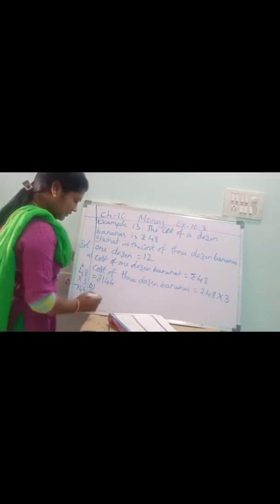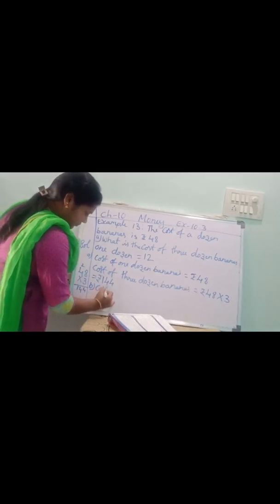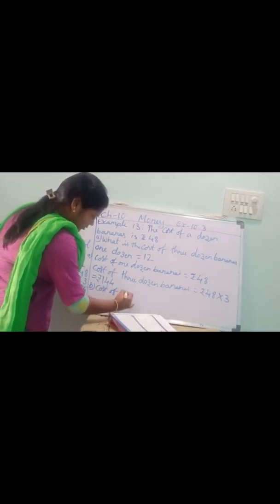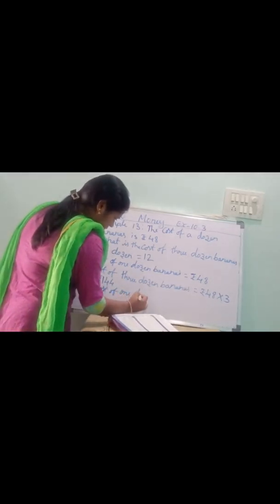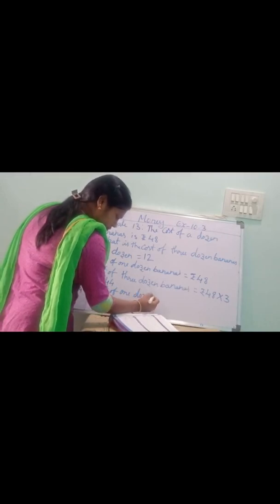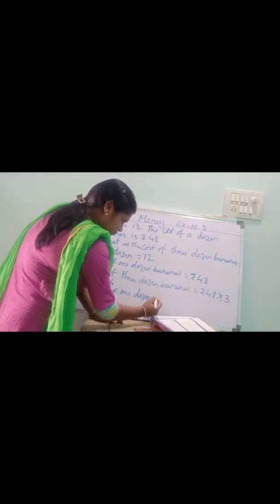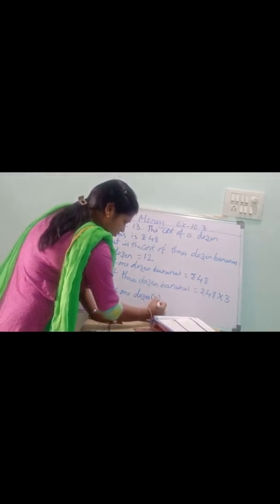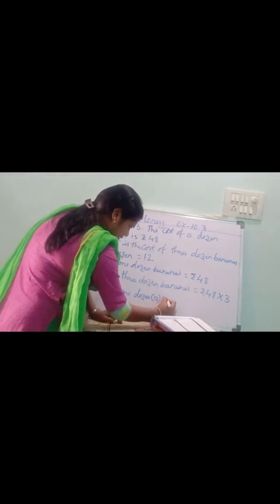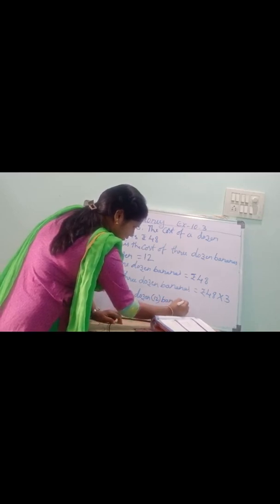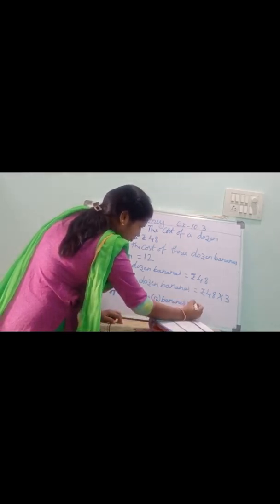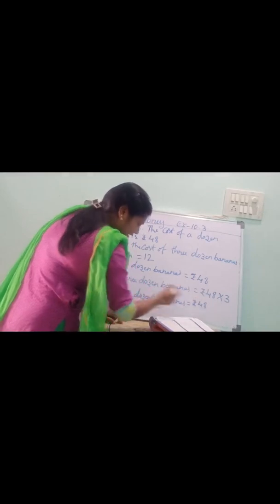What is that B1? Cost of 1 dozen, means 12 bananas, is equal to rupees 48.